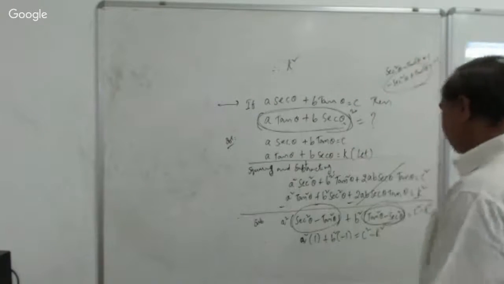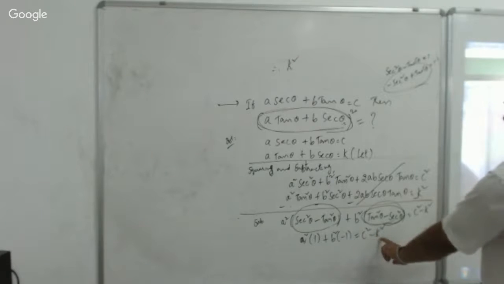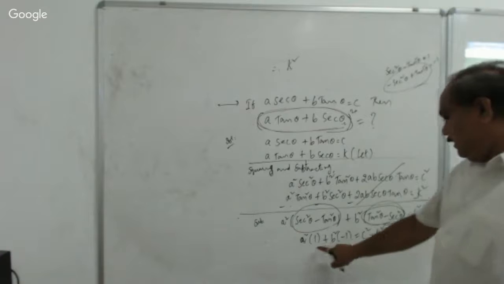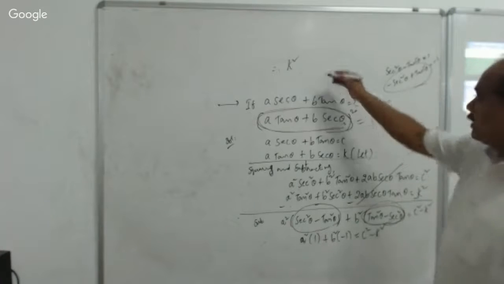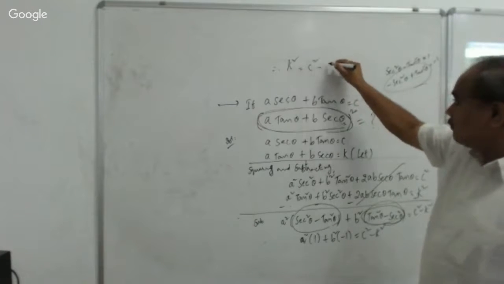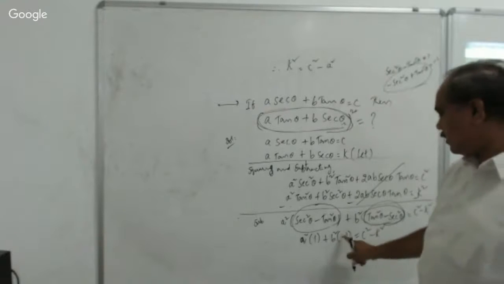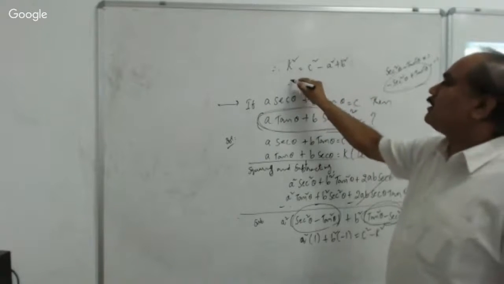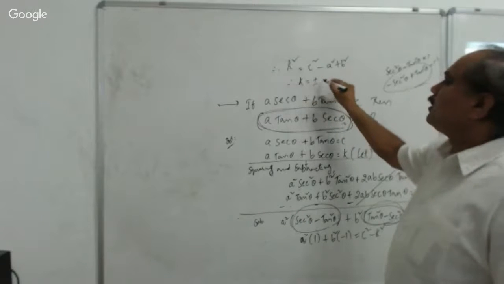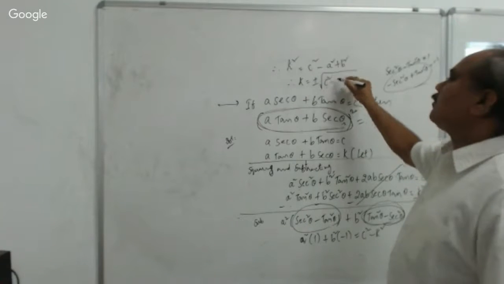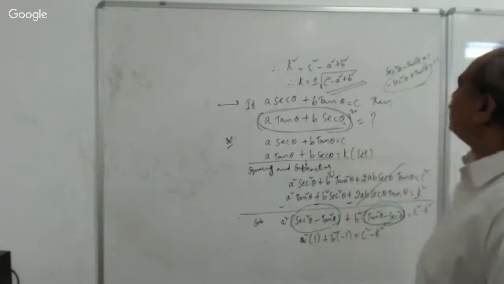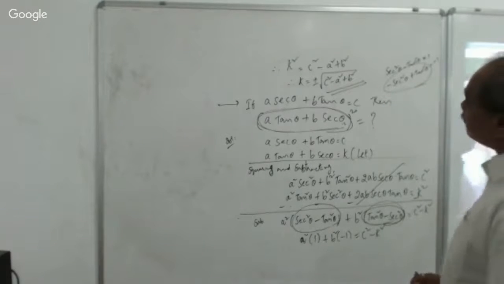Now, we require the value of k square only. Therefore, k square, taking k square to the left-hand side and the remaining to the right-hand side, it becomes c square minus a square plus b square. But we require only k, equals plus or minus under root of c square minus a square plus b square. Sir, we require only k? It asks for the whole square.